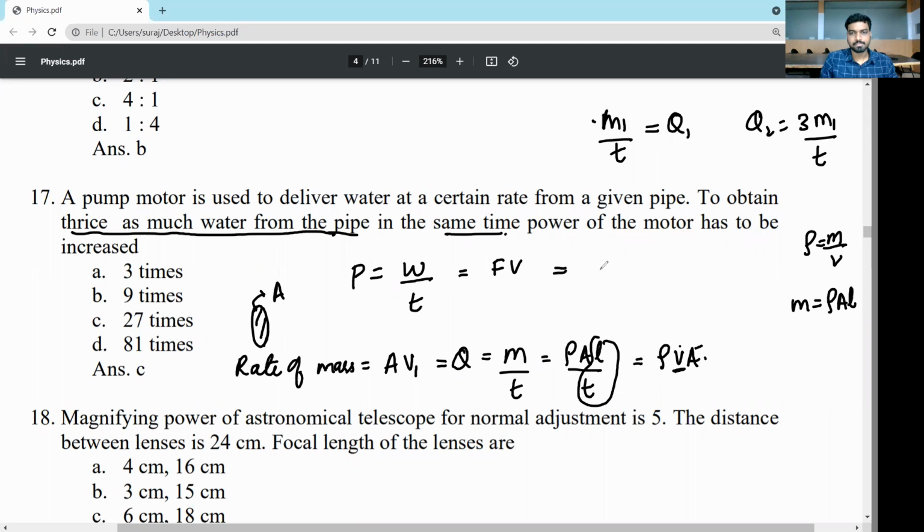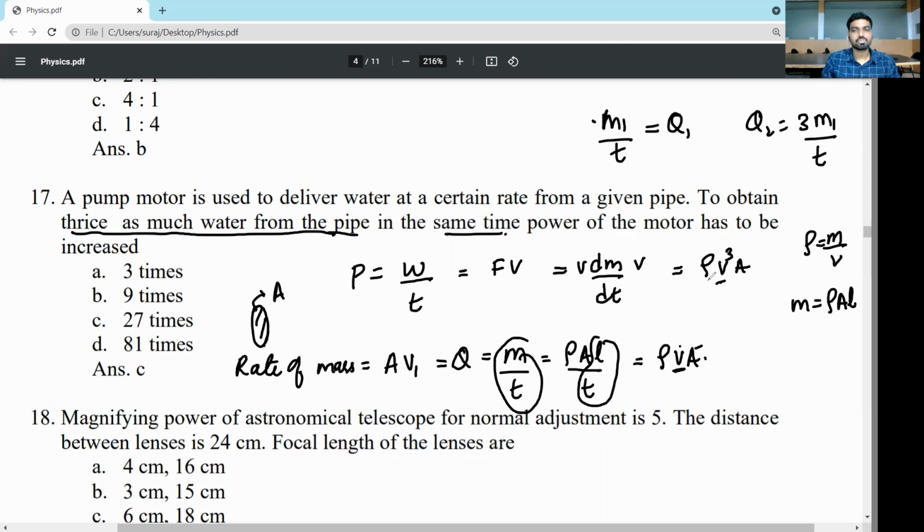F into V, dm by dt, already V is there. dm by dt is rho VA. So I can write rho V cube A. V cube is there.